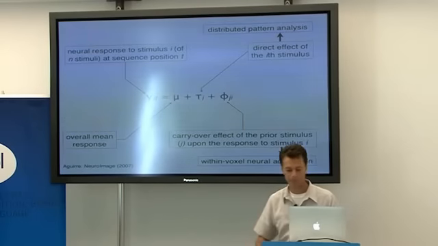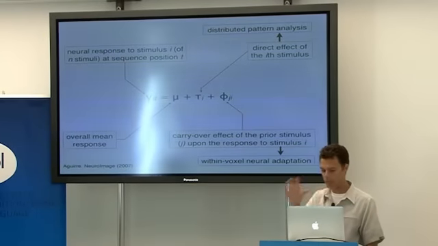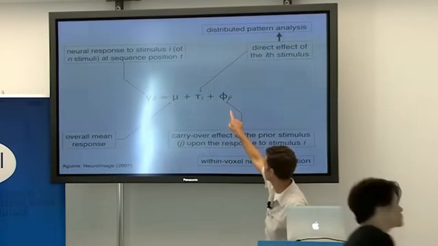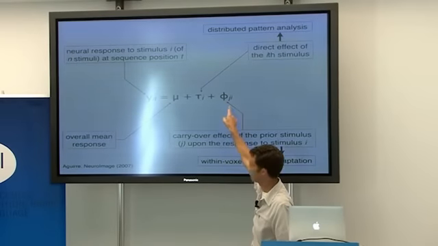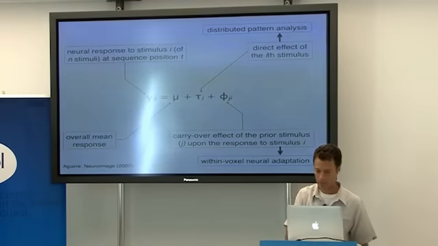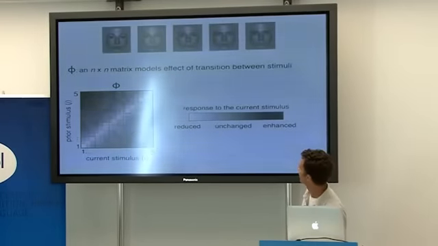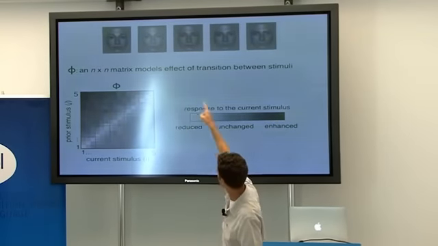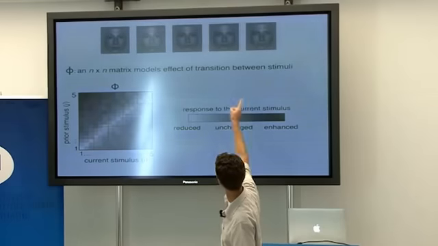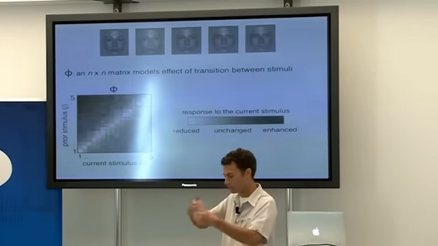You with me? Okay. So just to make this concrete, let's talk some more about what this matrix is like. Imagine you had a set of 5 faces across the top, and you present those faces one after the other.